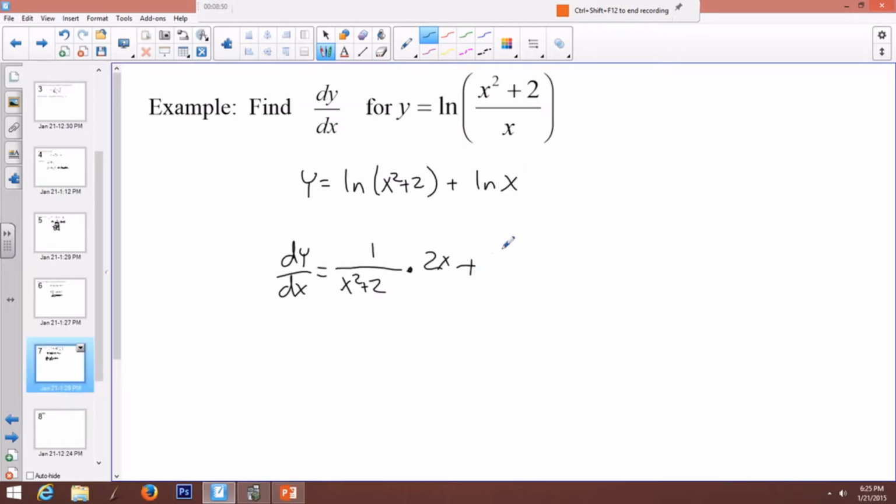So I can just say it's plus 1 over x, and say my final answer is 2x over x squared plus 2 plus 1 over x.